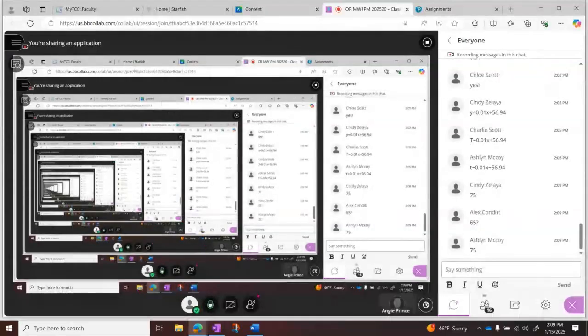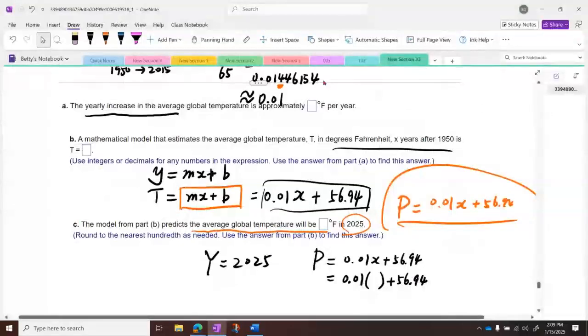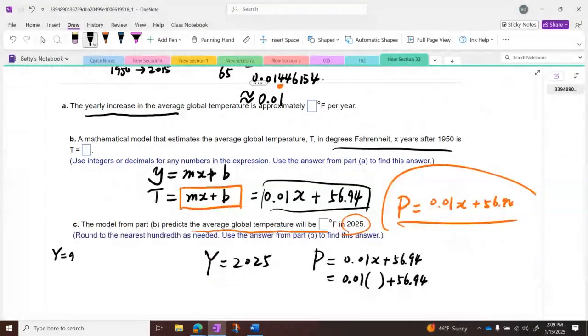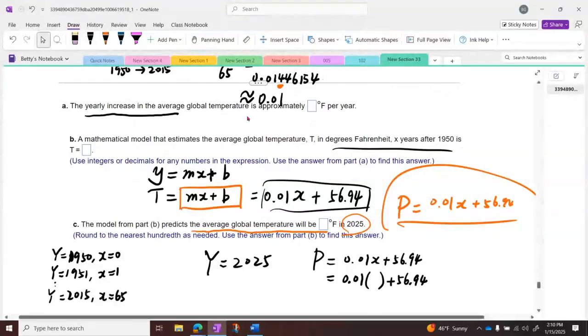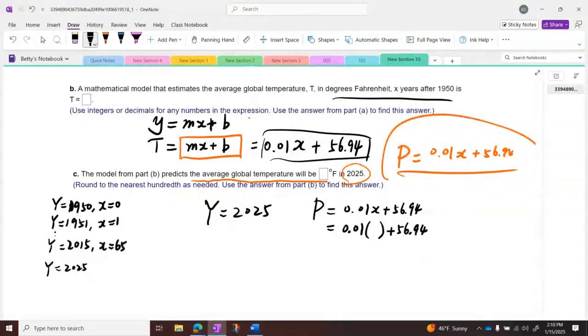Yeah, exactly, 75. Because we see in the year 1950, X equals 0. In the year of 1951, X equals 1. In the year of 2015, remember earlier, X equals 65, right? So in the year of 2025, that should be 75 years after 1950. So we should plug in X equals 75.